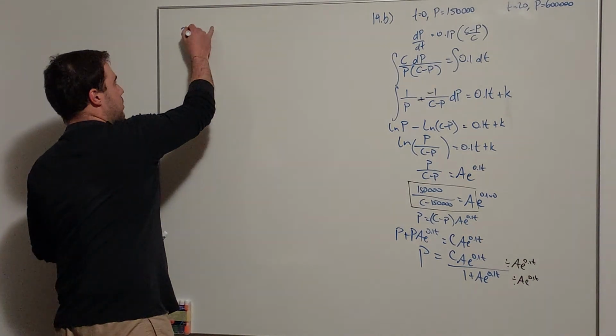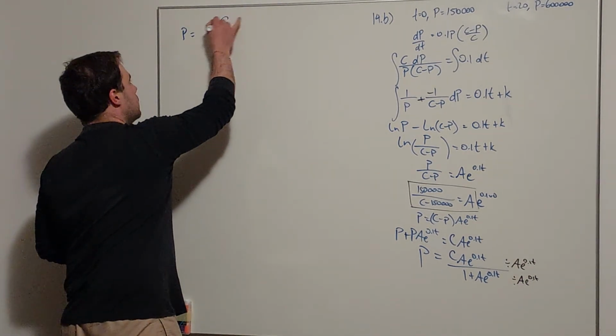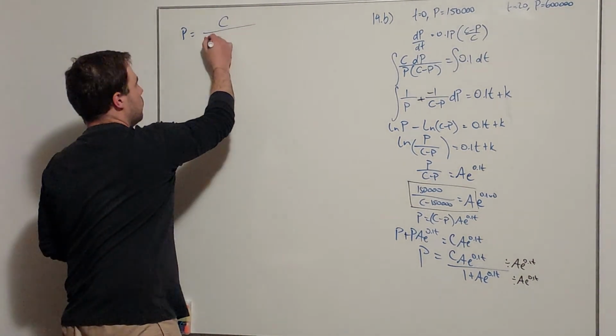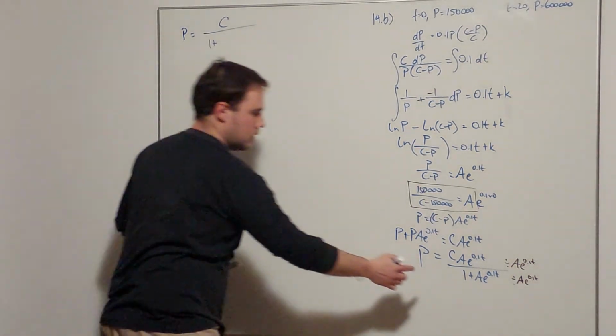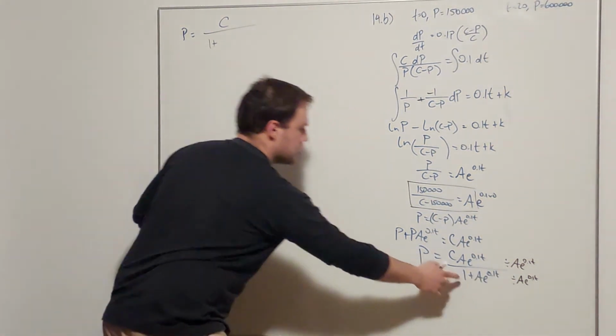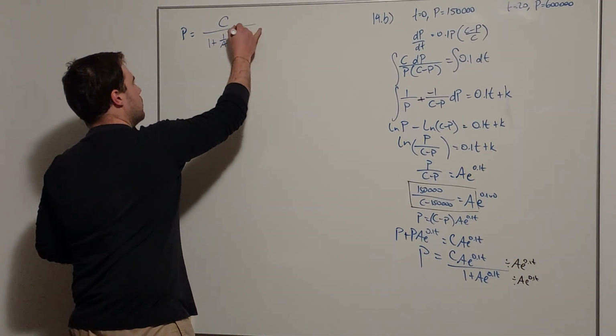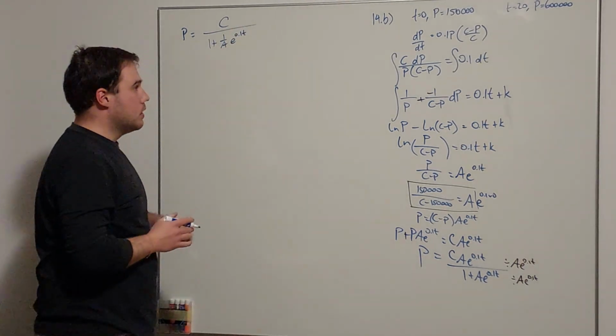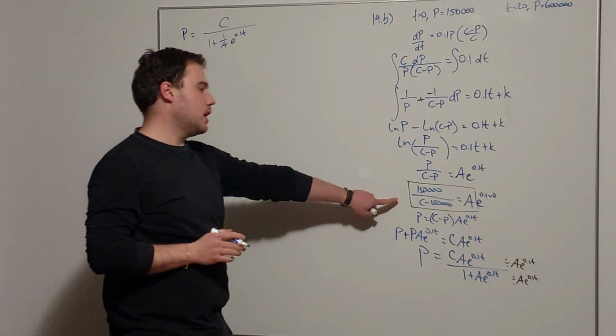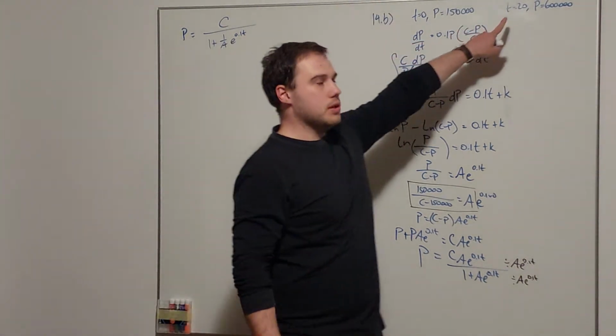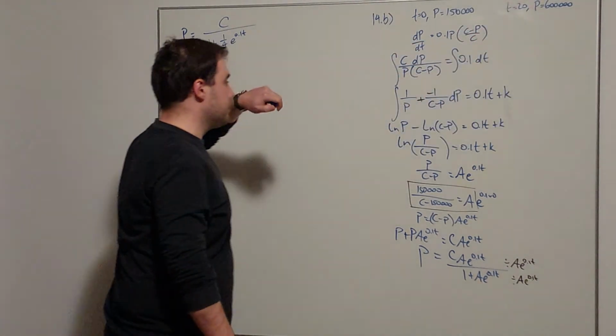So we're going to have P equals C on 1 plus 1 on A e to the 0.1t. And remember, we do in fact know the value of A. We can sub in this expression here.